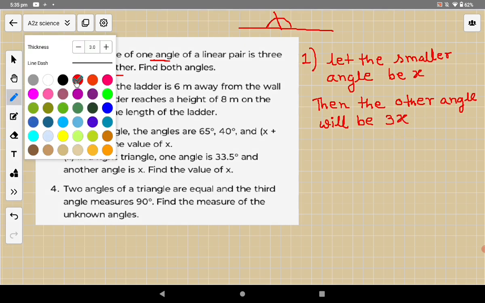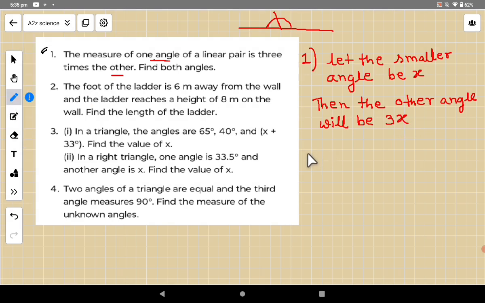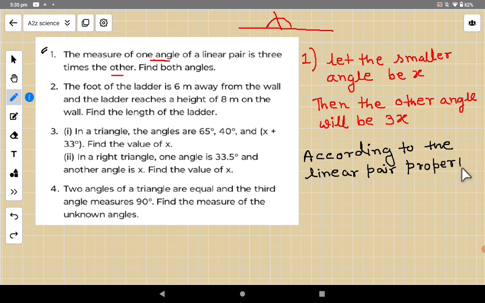Now according to the linear pair property, the sum of these two angles will be 180 degrees. x plus 3x will be 180 degrees.